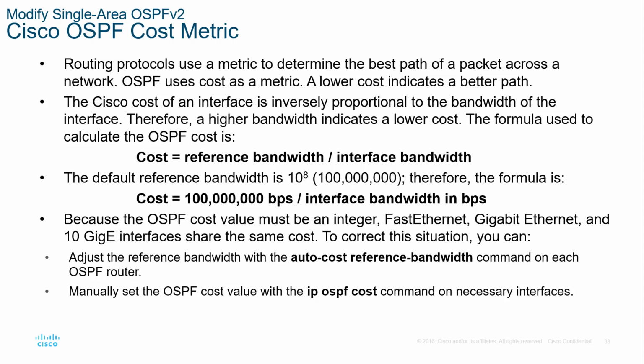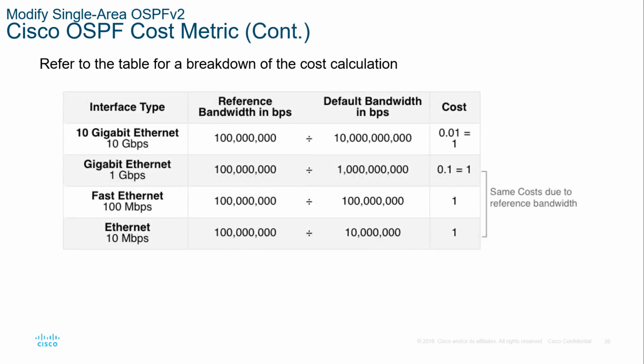Because the OSPF cost value has to be an integer, things like Fast Ethernet, gig, and 10 gig share the same cost. You can modify this with the auto-cost reference-bandwidth command so that we can get different values. Fast Ethernet, gig, and 10 gig are all set to 1, even though realistically they are not the same.